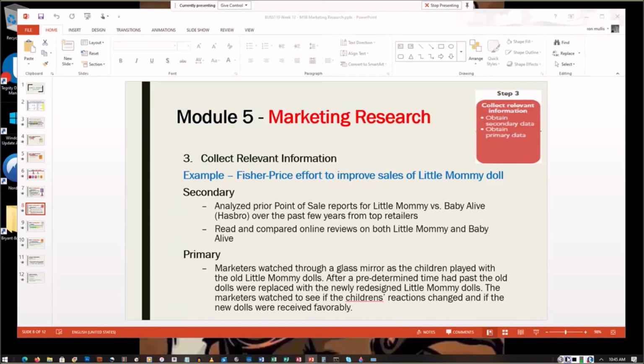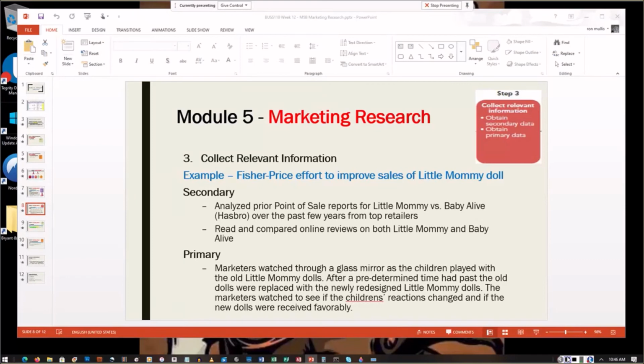Fisher Price also called in moms to take survey questionnaires. They were provided with pictures of the different dolls and then asked to fill out an array of questions. Most of the questions that they received were multiple choice and used for easy data collection and analysis. And this is part of the primary research.